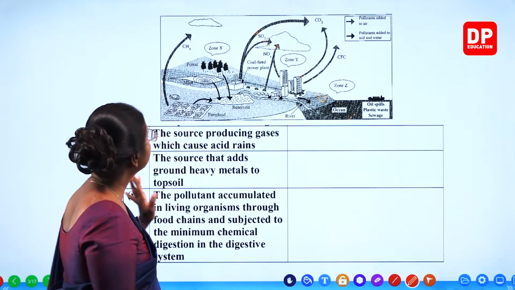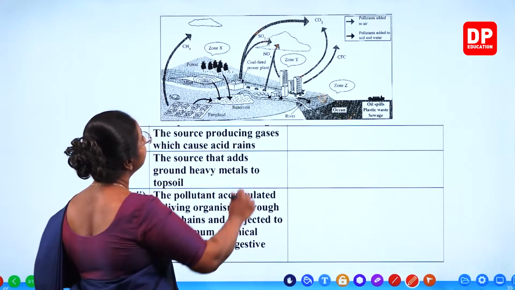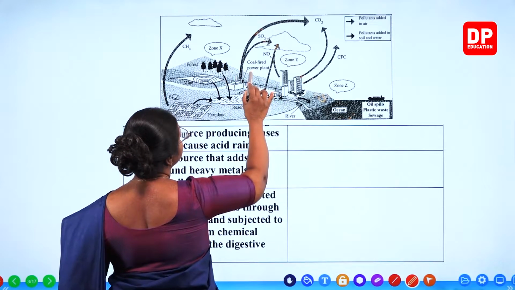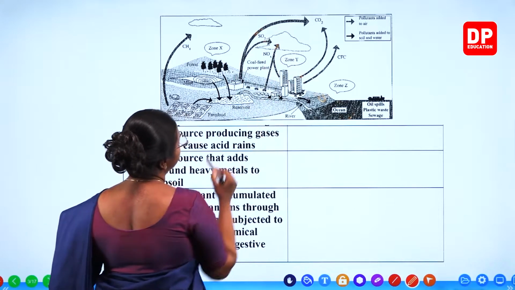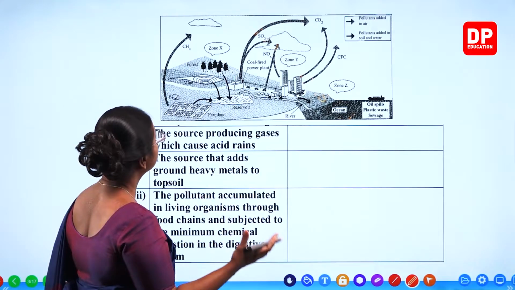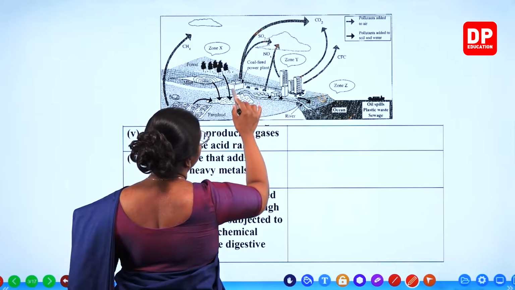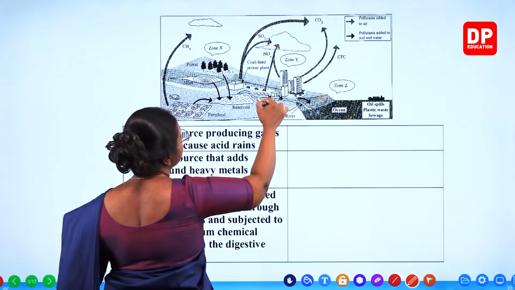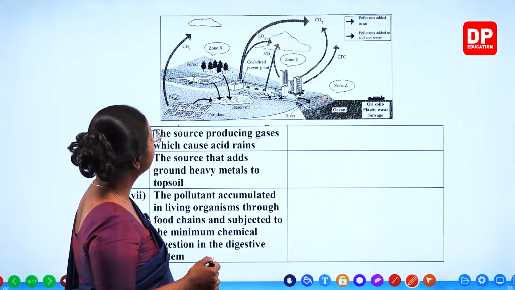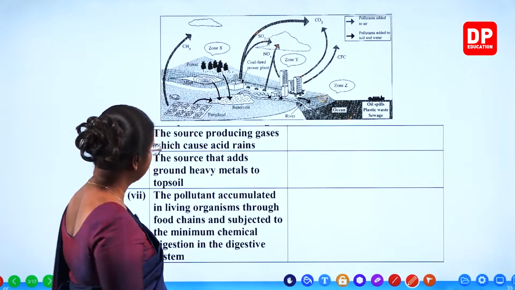So if you look at the sources that can evolve all these. Now here you can see the coal-fired power plant, carbon dioxide, sulfur dioxide. So that releases gases that cause acid rain. Then here you can see the city area, from the vehicles also there is nitrogen dioxide released. At the same time, carbon dioxide is also released.